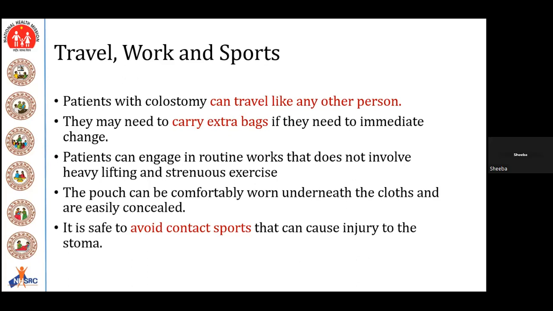So they can keep a handbag or anything to protect the stoma when traveling, and they can carry extra bags. Normal work they can do, but avoid contact sports, which can again cause injury. You have to tell the patient all these things.